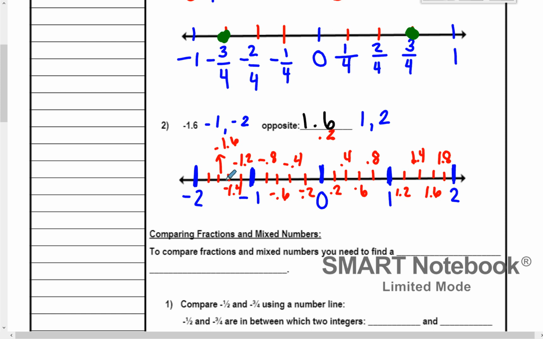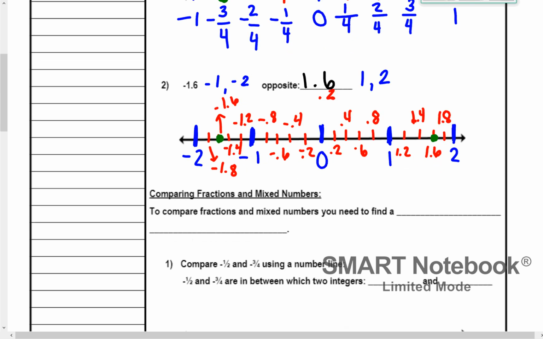If you can't fit it in, it's always okay to draw an arrow. And then negative 1.8. We wanted to graph negative 1.6 and positive 1.6. Okay, so that's how we would do that problem. Again, there's multiple correct ways to do that. I just chose the easiest, which was counting by 0.2.